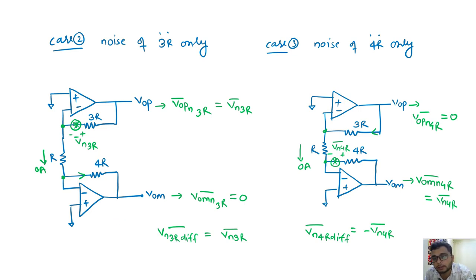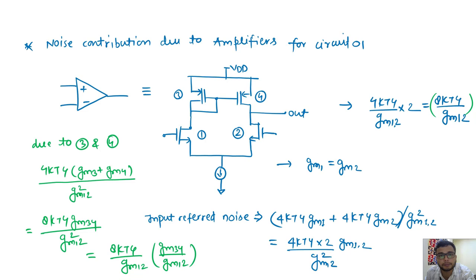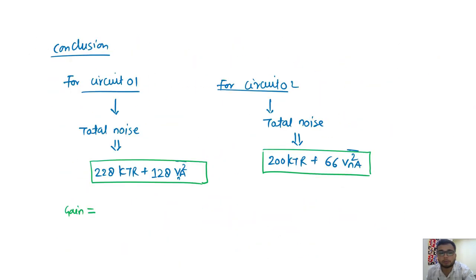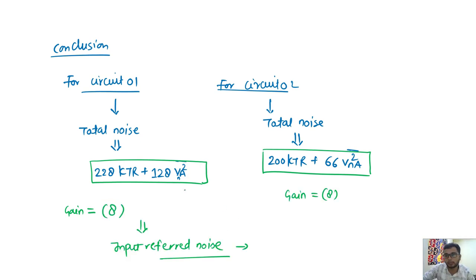What is the gain here? It is 4, that is minus 4. Yes, gain 8. So for both the circuits, the differential gain is 8. Gain is the same, so accordingly we can find the input referred noise. We will see directly that in this circuit the noise is more than in this circuit.